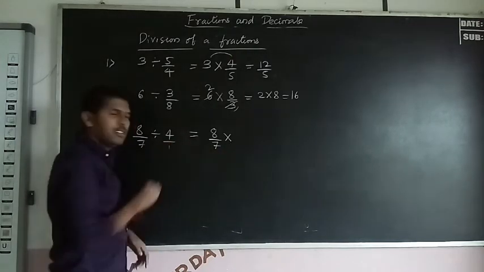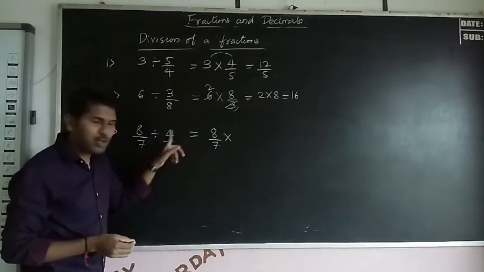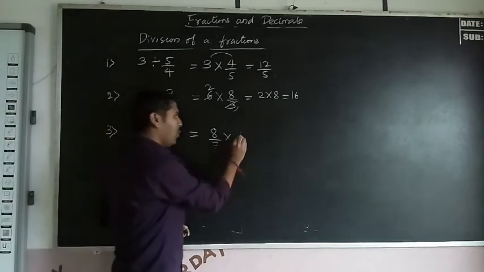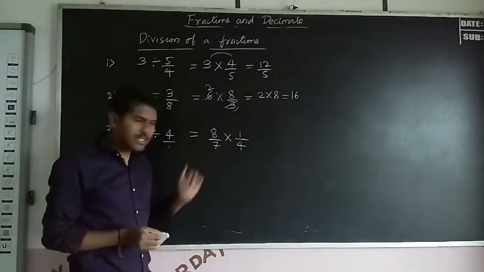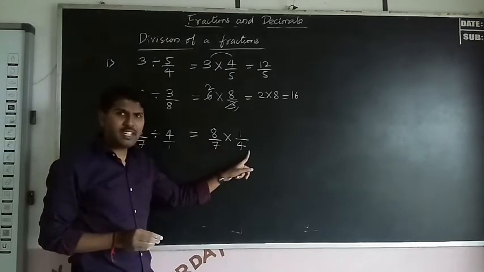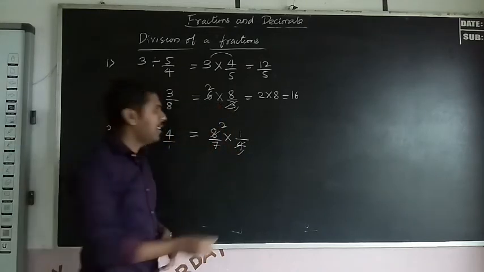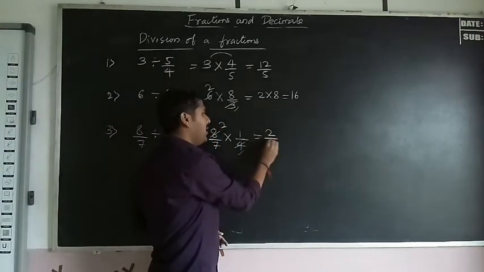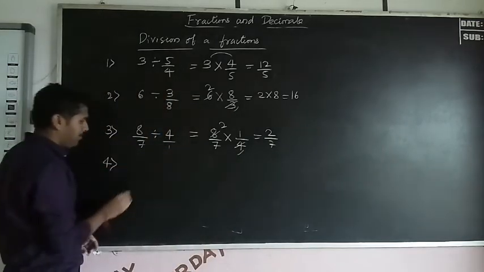If there is no denominator, it means 1 will be there, no. So what is the reciprocal of 4 by 1? That is 1 by 4, no. 1 by 4. So now here cancellation possible. Yes, because 8 is in the numerator, 4 is in the denominator. 4 ones are 4, 4 2s are 8. What will get the answer? 2 by 7. Okay.